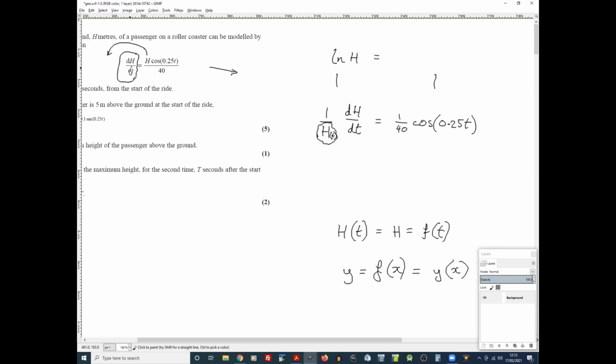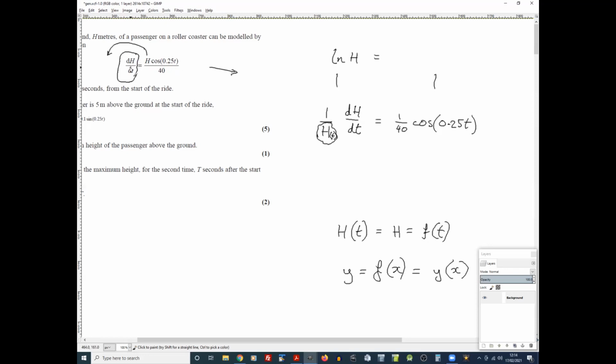It might not be served to you on a plate like this; you may have to form the differential equation sometimes. Then you'll see it's probably in this format. I can have the derivative on the left, and then I've got something on the right. Of course, if it was purely in terms of t, then fine.